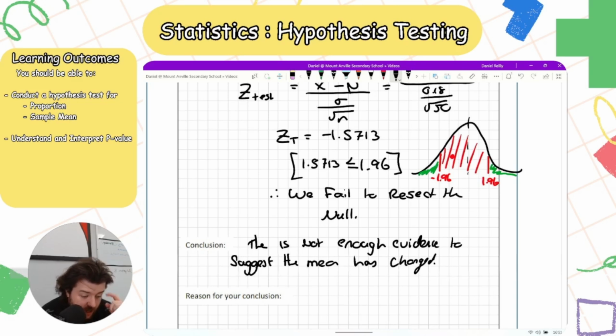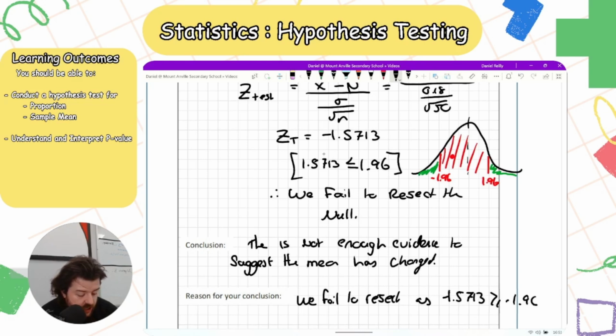Reason for your conclusion: we failed to reject the null, as minus 1.5713 is greater than minus 1.96, or you can just repeat this here. It doesn't follow my reject reason.